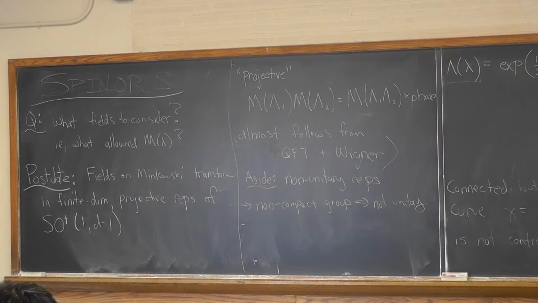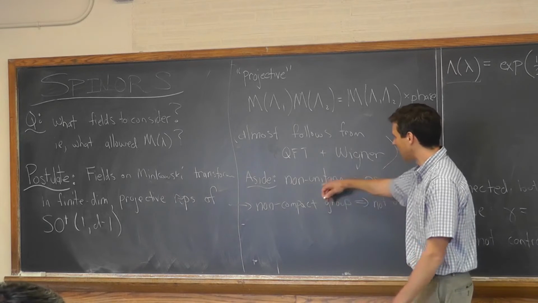Sometimes this confuses people because non-unitary sounds scary, since quantum mechanics is unitary, but this isn't scary at all. The thing that's unitary about quantum mechanics is the representation of the states. We're not talking about quantum states, we're talking about fields. And fields always transform under non-unitary reps. There's no problem with that whatsoever.